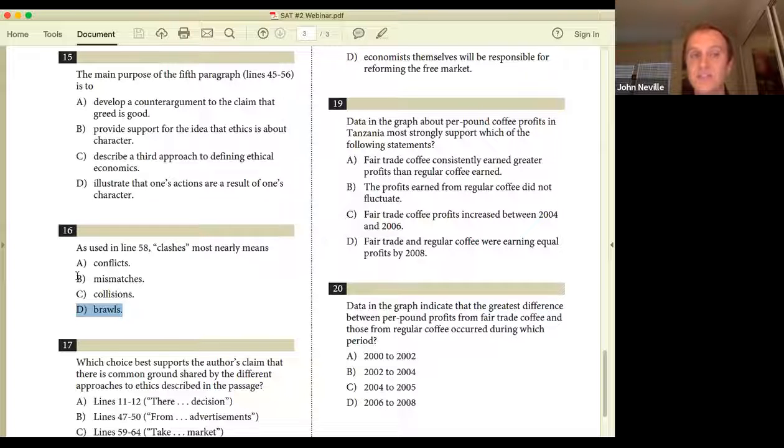So that is a specific instance of the SAT using the fact that a story or an article was published 300 years ago, and trying to take advantage of the fact that students are going to probably, or oftentimes, pick desire over lack to mean want. So that is a words in context question.